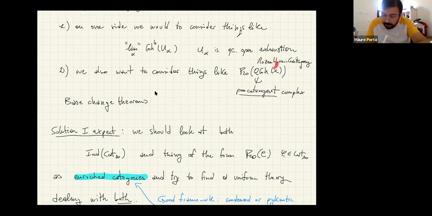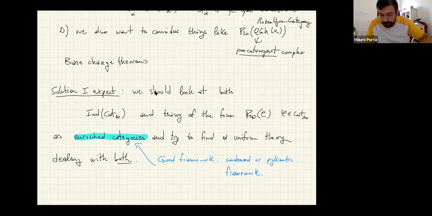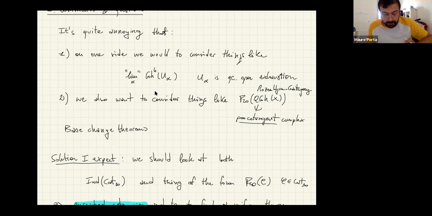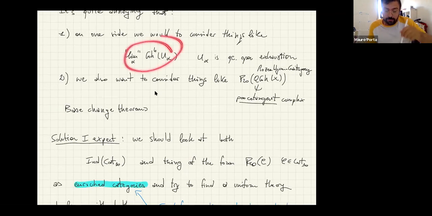I mean, I have some more than some ideas, let's say, how to improve the theory developed by Nick and Dennis by working in this kind of framework. And the expectation, but I have no idea, is that these categories would naturally fit inside this extended framework.